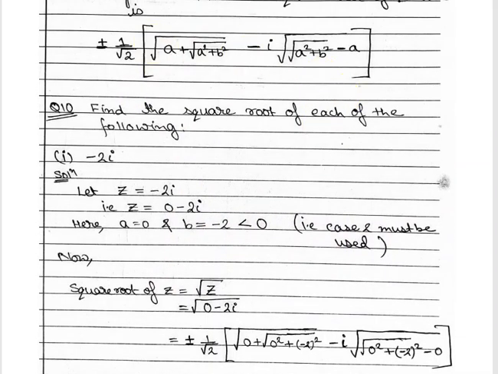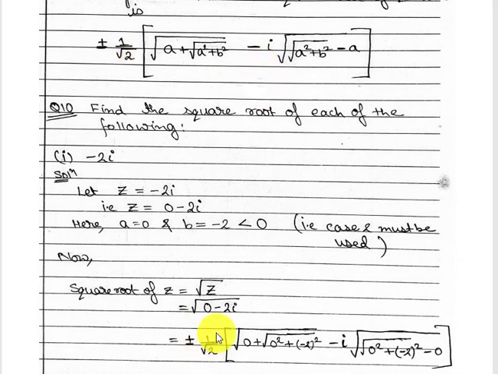Using this formula, the square root of z is the square root of 0 minus 2i, where 0 is a and minus 2 is b. Since b is minus 2, less than 0, this formula is going to be used.